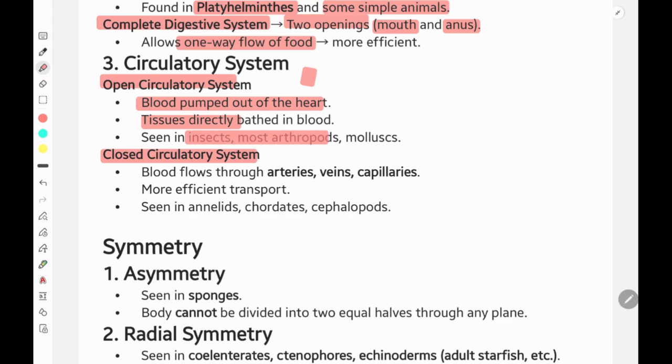It is seen in insects, arthropods, and mollusca. The closed circulatory system is a higher, more advanced system found in Annelida, chordates, and cephalopods. They contain arteries, veins, and capillaries. It is more efficient as compared to the open circulatory system.